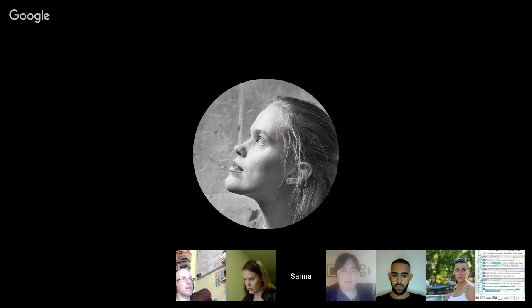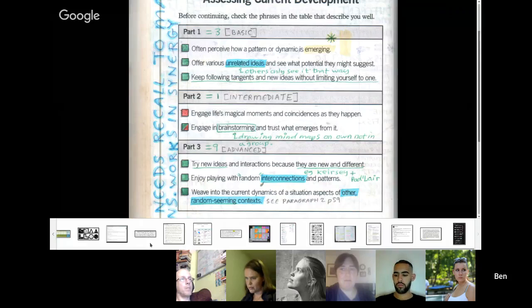Playing with random interconnections and patterns, maybe internally. 3, yes, I do that, but by the time I do it, it's because I feel that there's potential, and I'm not doing it randomly. Right.